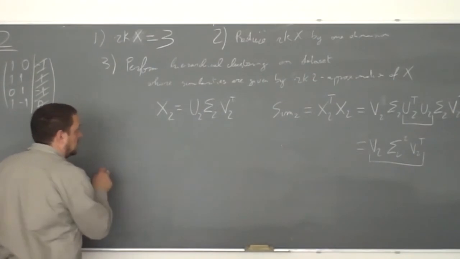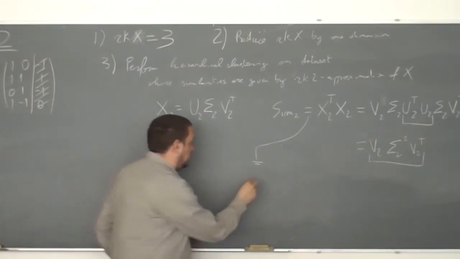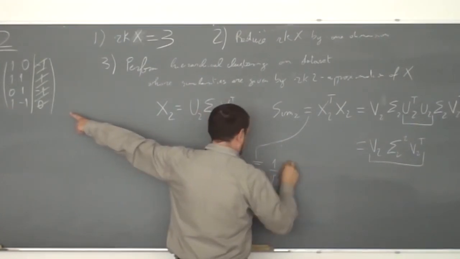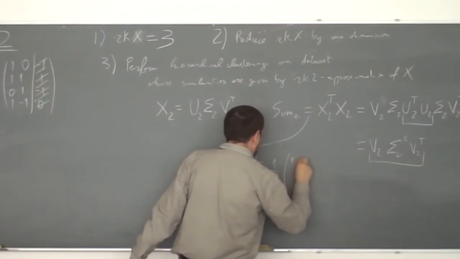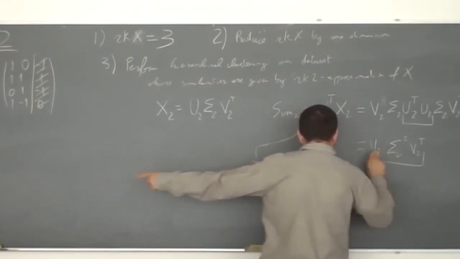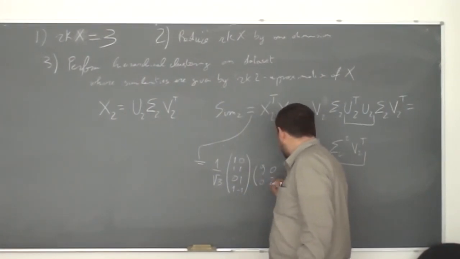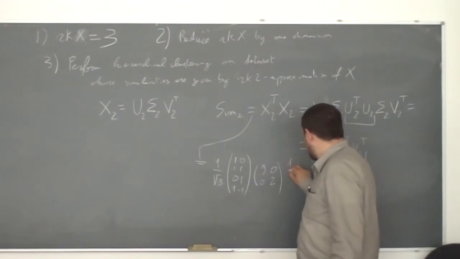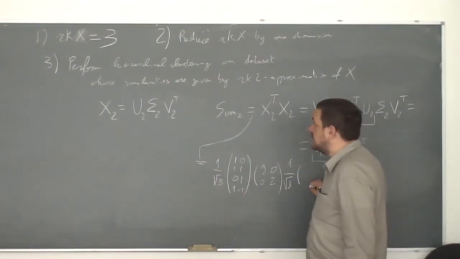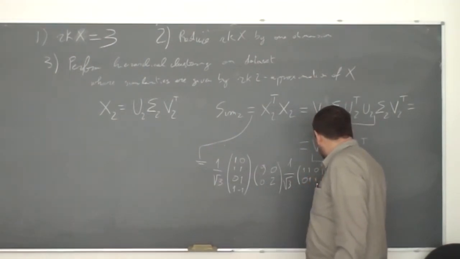So it's just a matter of placing the numbers, which are 1 over square root of 3 times 1, 0, 1, 1, 0, 1, 1, minus 1, times sigma 2 squared, which is 9, 0, 0, 2, times 1 over square root of 3 and the transpose of V2, which is 1, 1, 0, 1, 0, 1, 1, minus 1.